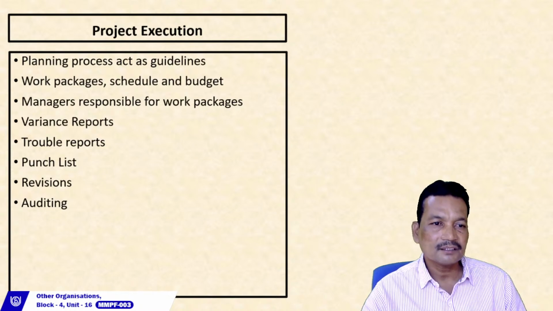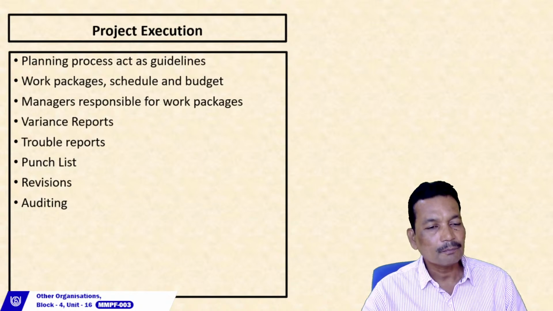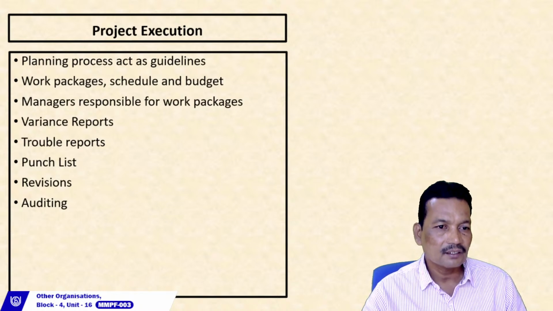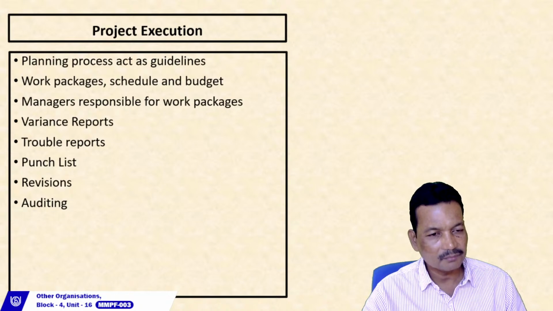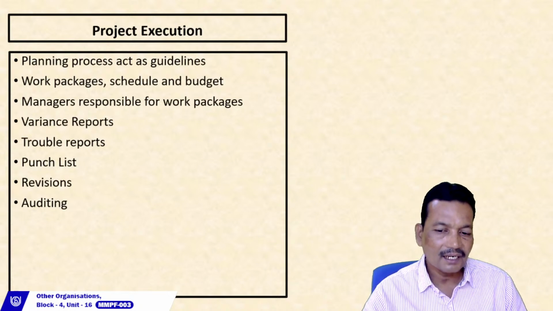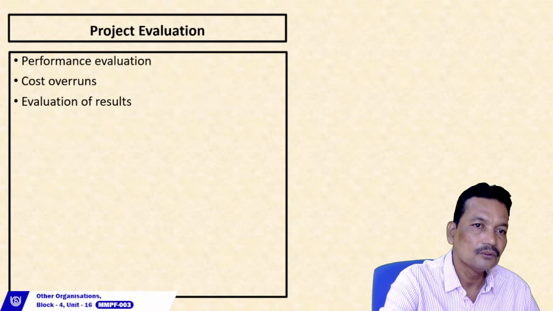And periodical reviews should be taken in order to know the variances, and proper auditing should be done maybe during the project or also at the end of the project in order to know whether the schedule and the budget are adhered to.